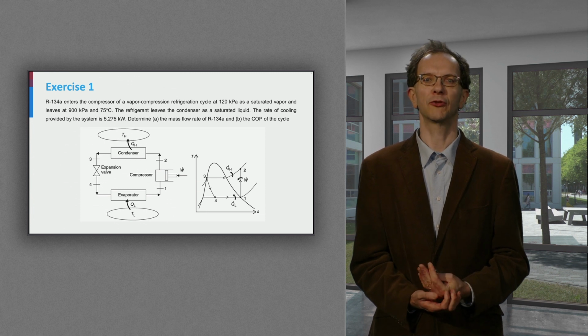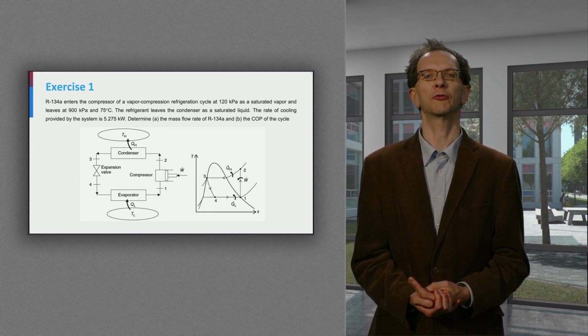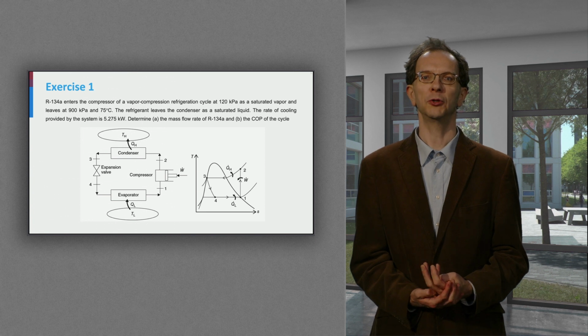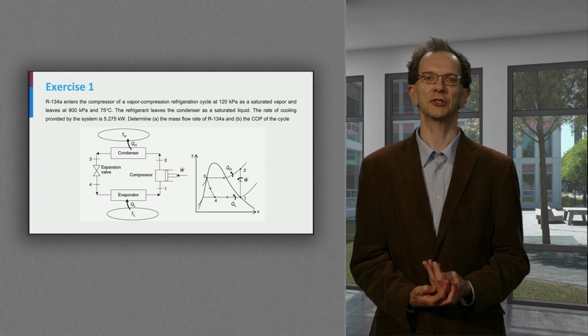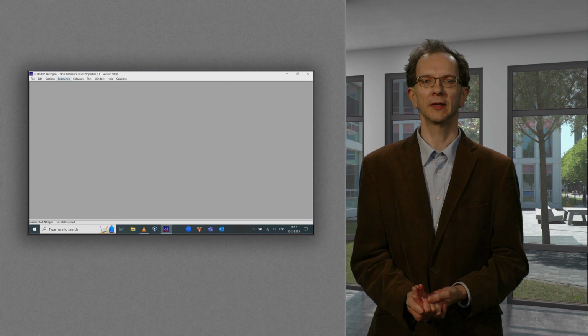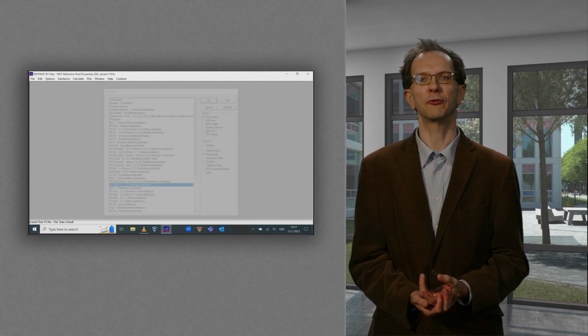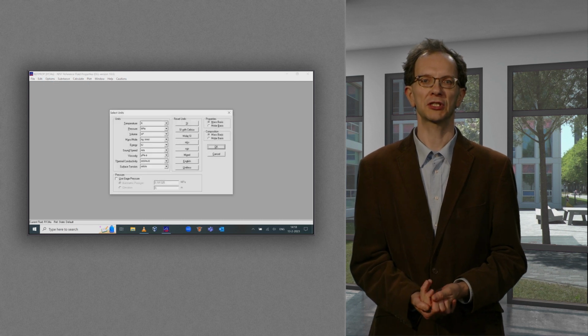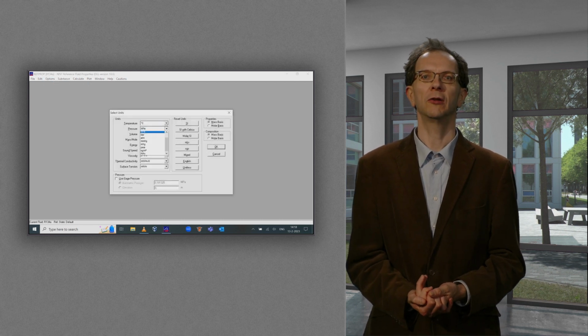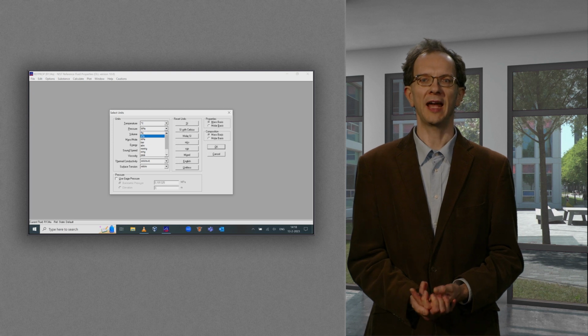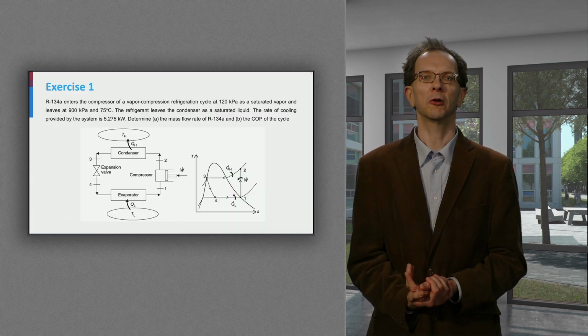A demonstration version of this software can be downloaded for free. There are also open source and free alternatives such as CoolProp. In RefProp, we first select the working fluid R134A and we select the unit Celsius for temperature and kilopascal for pressure. The exercise is as follows.